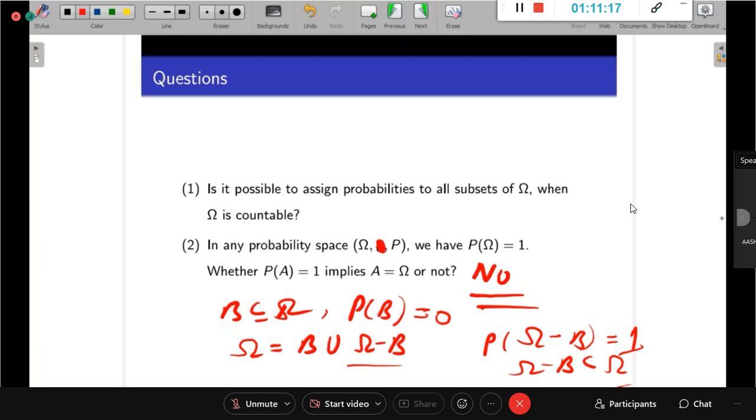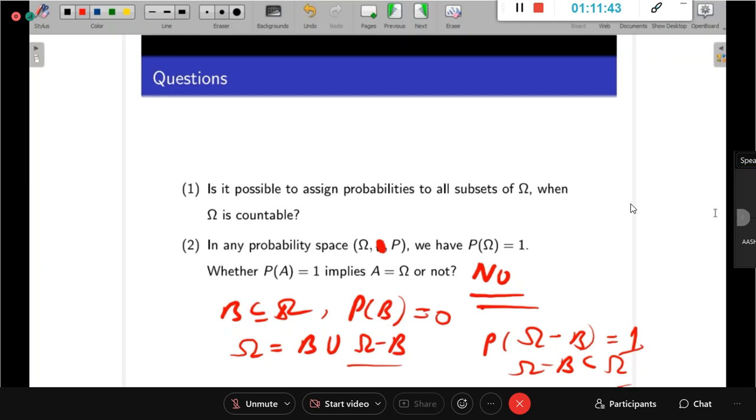Now another: A is a subset of omega. You have to come up with an example, Chira: A is a proper subset of omega and probability of A is 1, or A is a proper subset of omega but not the empty set, and probability of A is 0.